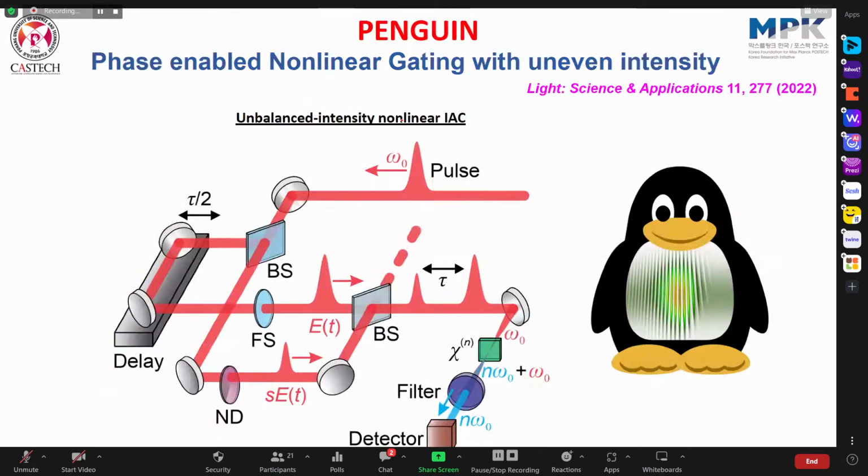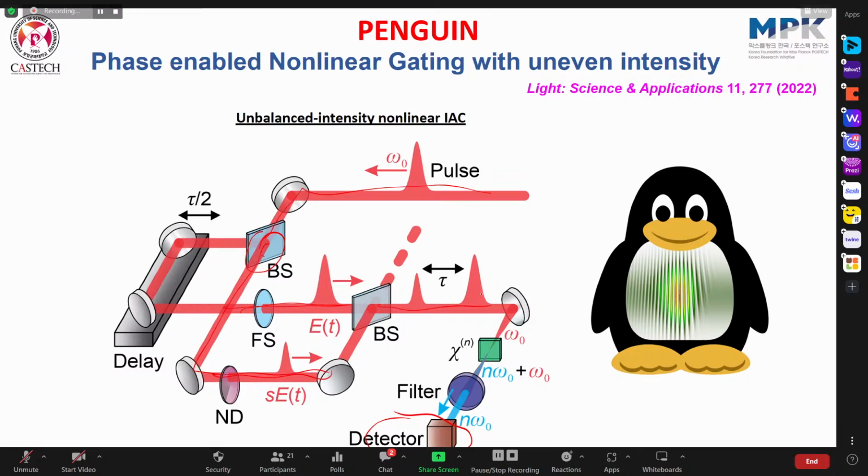So then we revisited the interferometric autocorrelator setup. Basically we use a photodiode, so we don't measure the spectrum, it's just measuring the electrical current. Then we examine the correlation formula, I'll show you later, and you realize that if you introduce imbalance between two arms, okay, we have one pulse, a beam splitter, and then two arms, in a collinear setup.